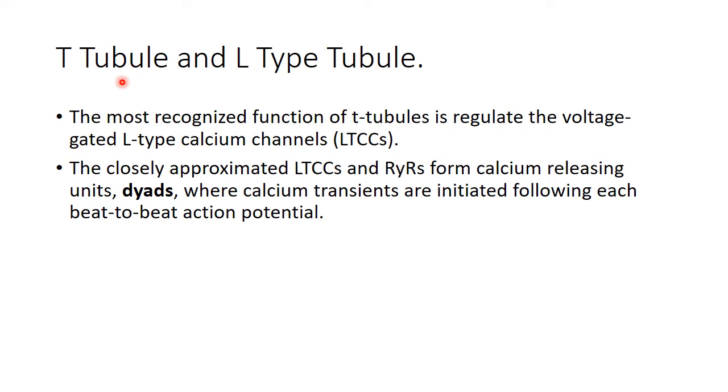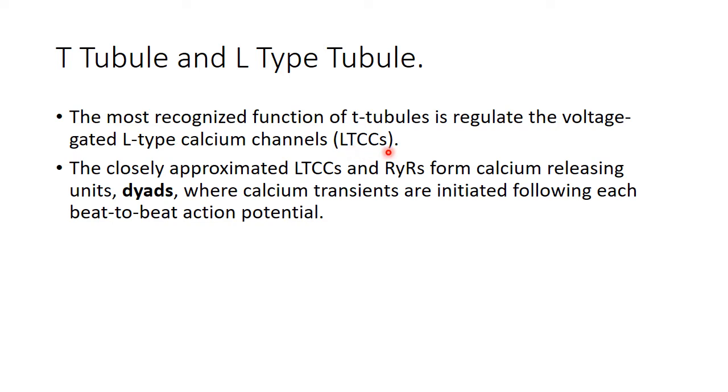In this slide, we will talk about the T-tubule and the L-type channels. There are two types which we already know. The T-tubule regulates the voltage gated L-type calcium channels, that is LTCCs.